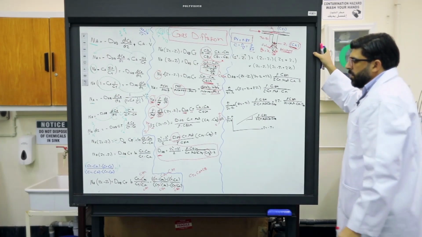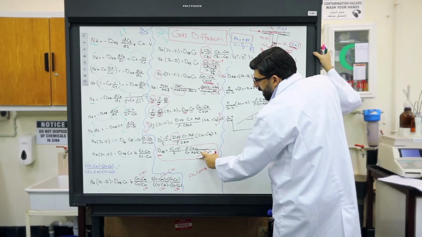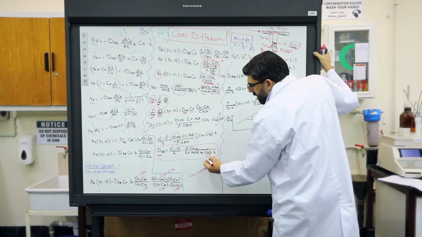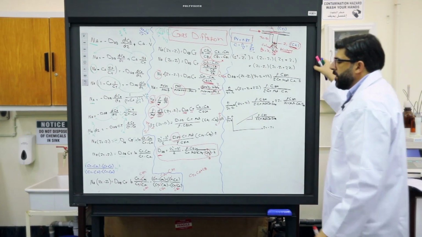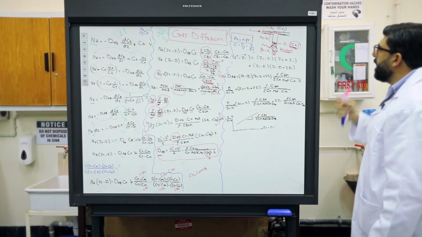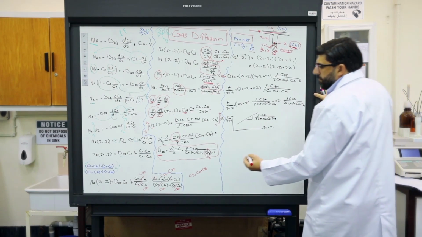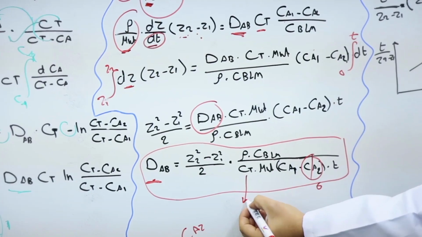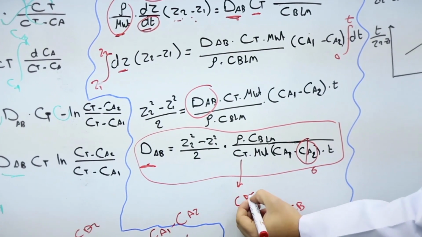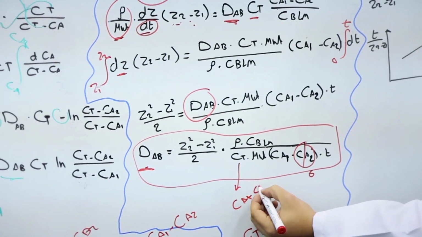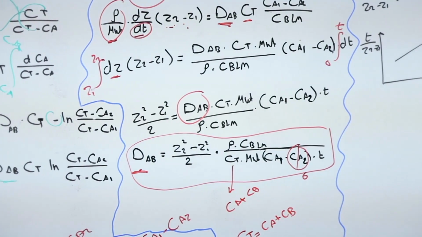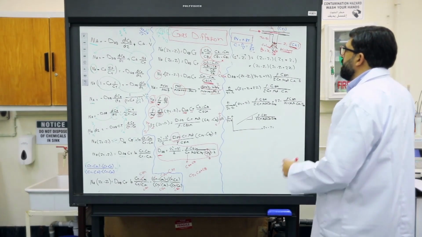Okay, so now this equation will be CA1 minus 0. I don't have CA2. Okay, and C total equals CA plus CB.